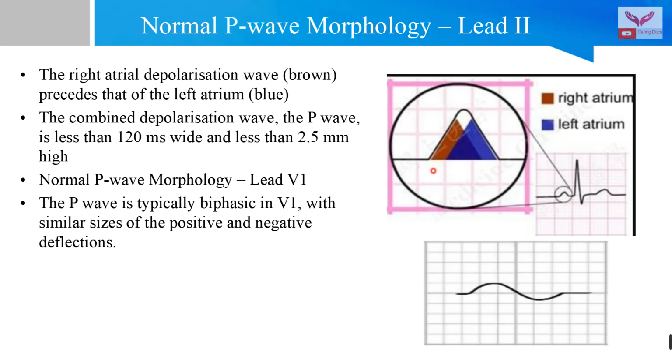Means it should be less than 3 small squares, 1, 2 and 3 small squares, and its amplitude should be less than 2.5 small squares. In lead V1, the morphology is typically like this. First is the positive deflection, then the second is the negative deflection.